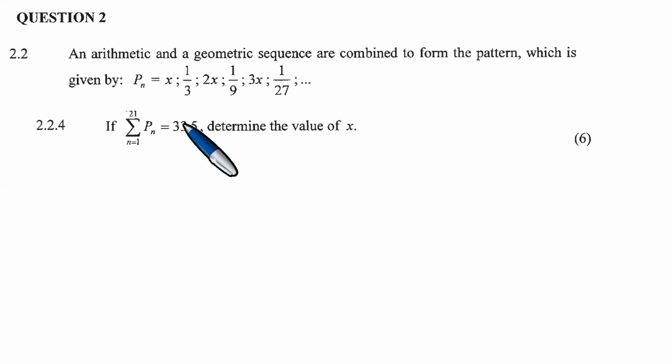This summation sums all the Pn's and the result is 33.5, and you need to determine the value of x.